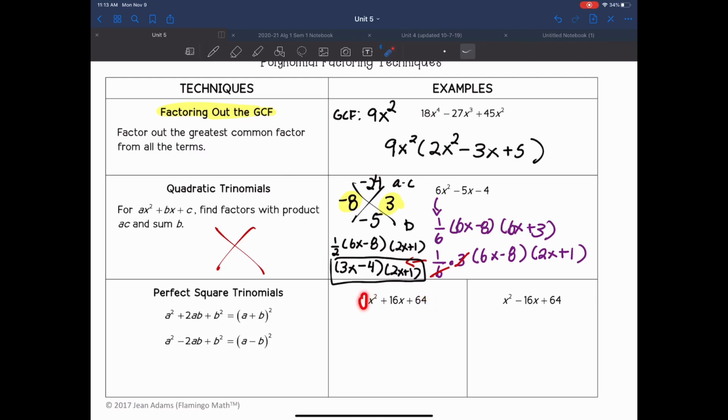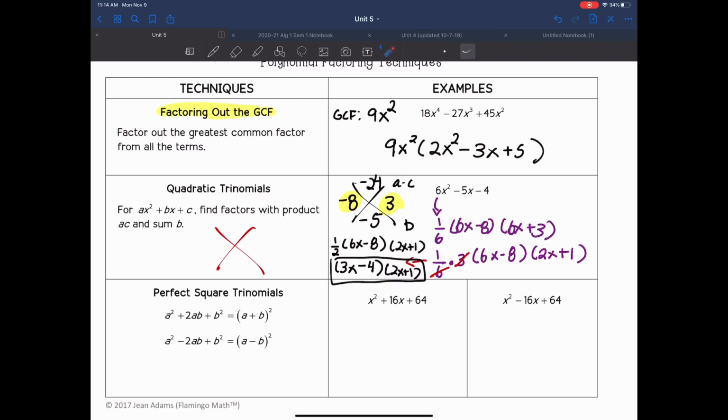So if I take the square root of x squared, I just get x. If I take the square root of 64, I get 8. So the middle is going to be 2 times a times b, or 2 times 8 times x. In other words, 16x.